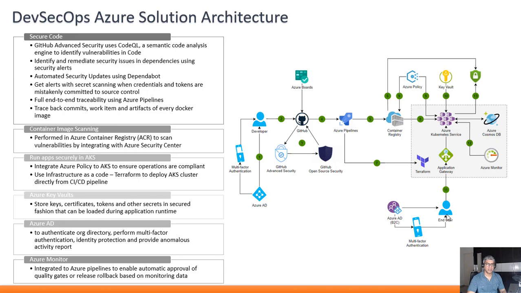I'm not saying that you have to use AKS, container registry, or Cosmos DB. It depends on what your application and requirement are. But whatever your requirement is, it's very important that you have security integrated into the different phases of your implementation.